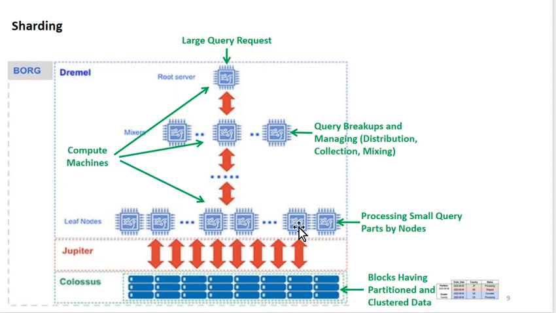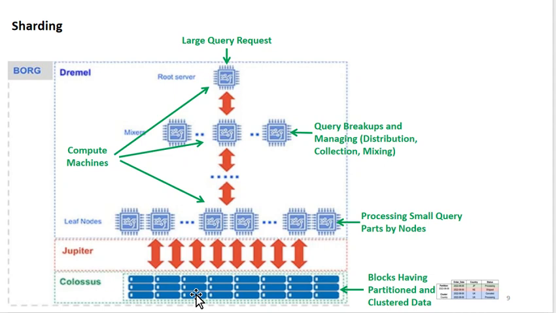The leaf nodes, which are also virtual machines, access the data and return the individual results to the mixer servers. The mixer servers return them to the root server, and finally you get the answer to the query. That process is called sharding, dividing your large task into small tasks so that the query becomes very fast.